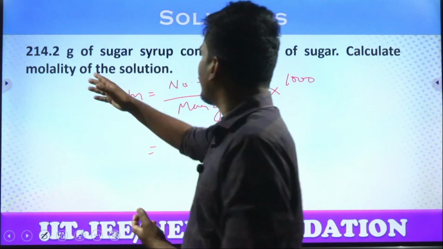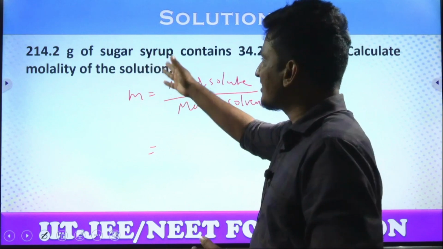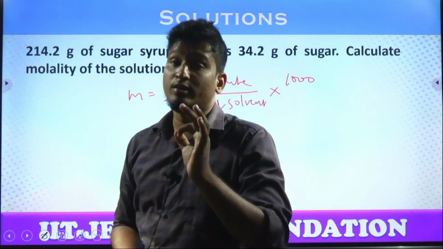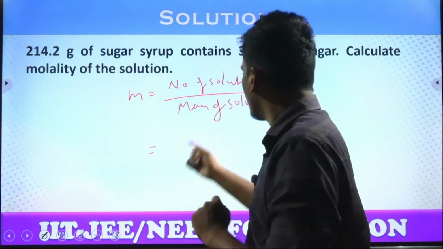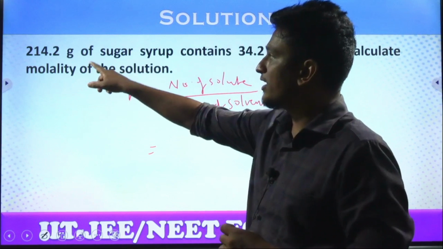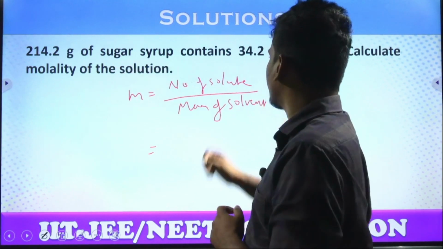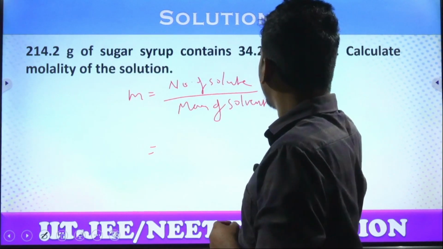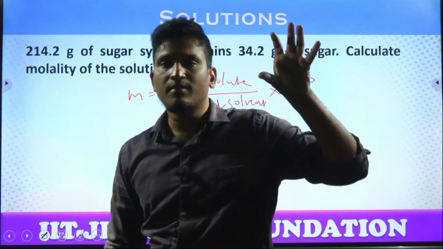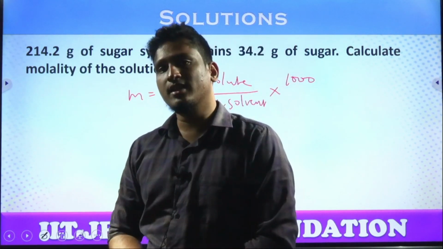Now here, first of all, sugar syrup. Which is solute, which is solvent? Sugar syrup is a solution. It contains sugar and water. But how can we take the mass of solvent? It's simple. 214.2 grams of sugar syrup contains 34.2 grams of sugar. So the solution mass minus the solute mass, what will we get? Solvent mass.